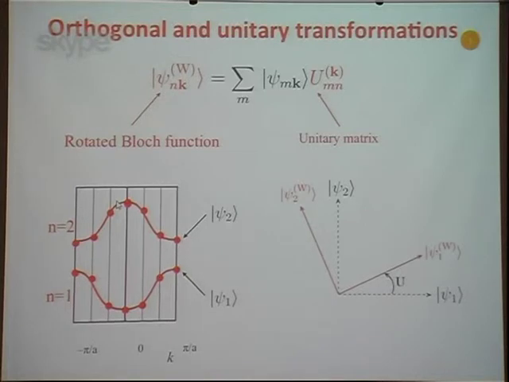So here I'm looking at an example in which I have 2 bands, bands n equal to 1 and n equal to 2, and what I'm introducing is a generalized degree of freedom in which at every k point, and the arrows point to psi1 and psi2 at the zone boundary, I decide that I can mix those two Bloch wave functions between each other with a unitary transform.